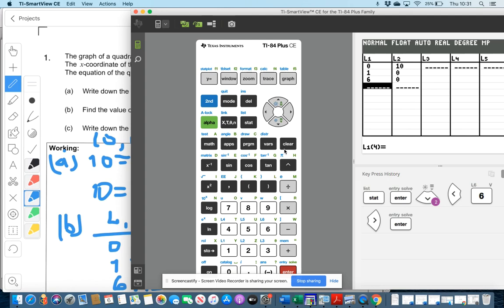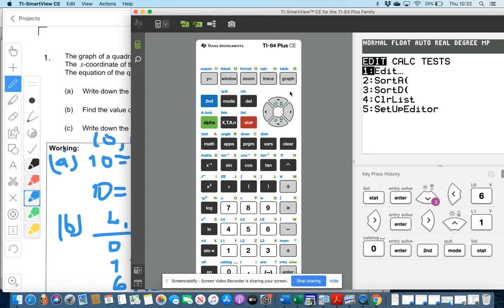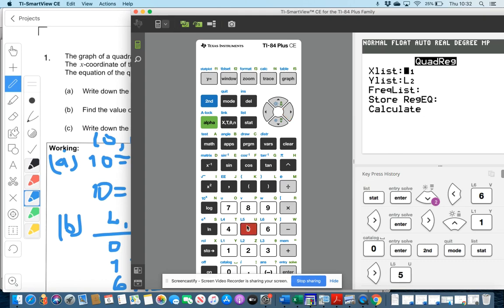Enter, arrow right, go up, make sure the x's and y's line up, enter, and then do a quadratic regression. So quit. Let's do stats, calculate, quadratic regression. And then I have those in L1 and L2.